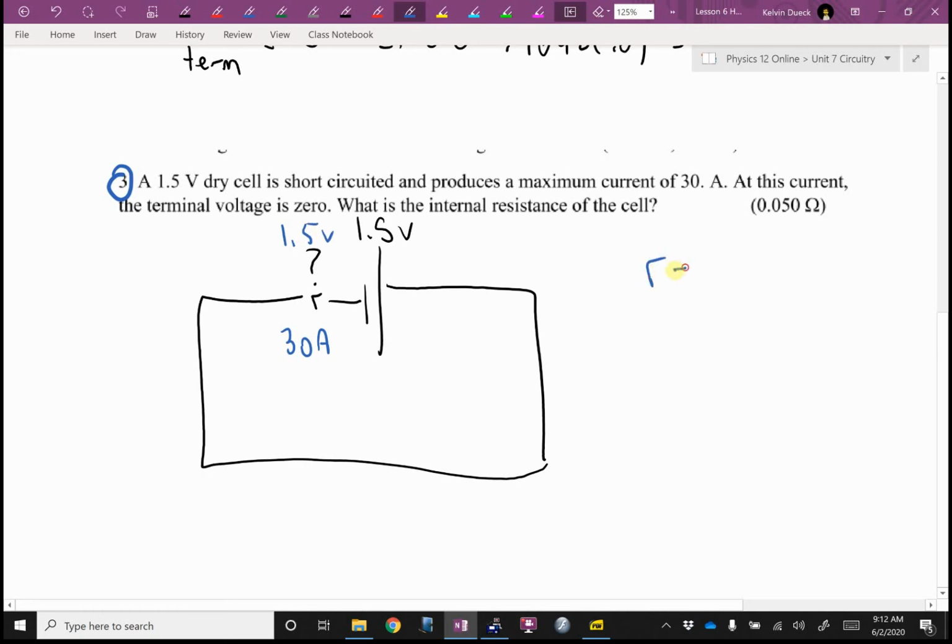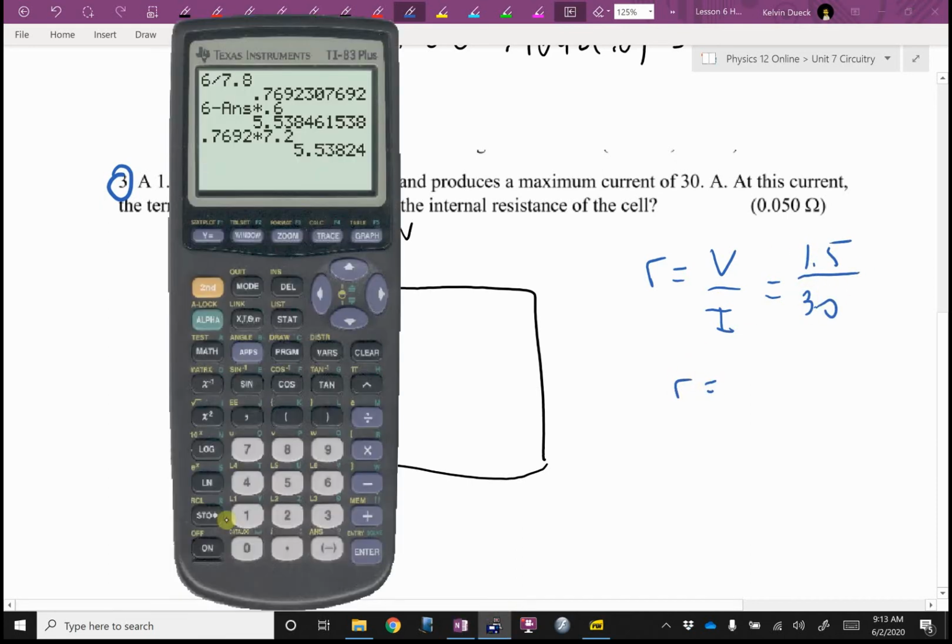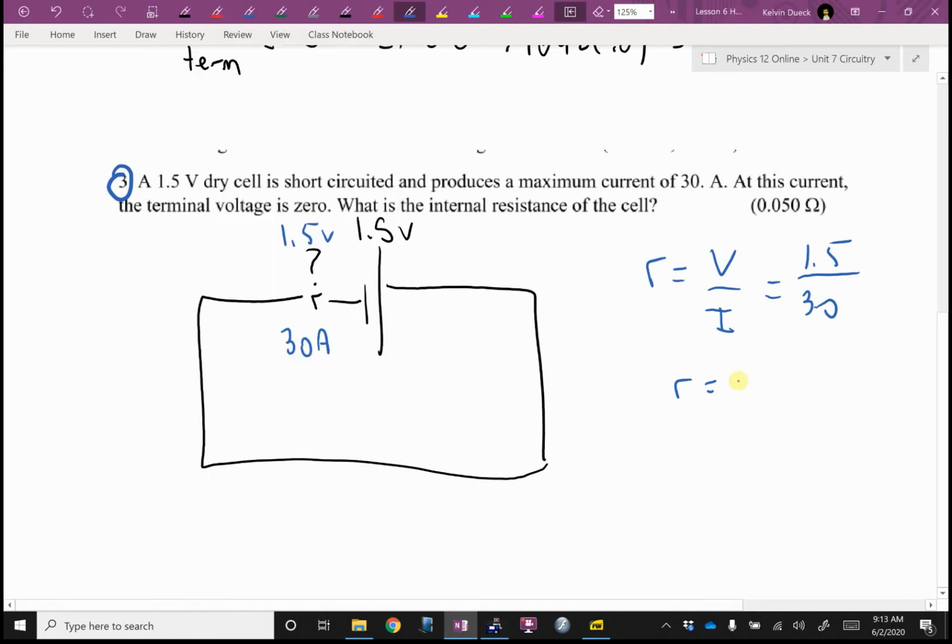So R must be V over I. I must be losing 1.5 volts divided by 30 amps. This is going to have an internal resistance of 0.05 ohms.